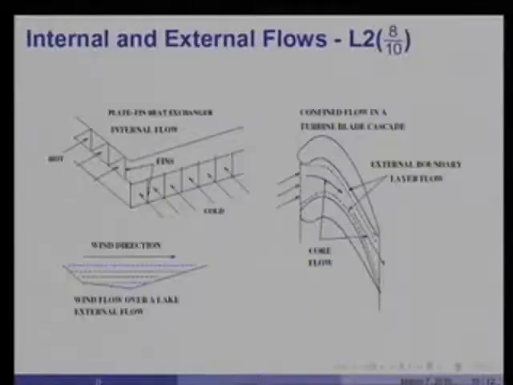Yet another classification is internal flow and external flow. I said we are interested in wall flows, but there are a variety of wall flows. Internal flows are those we call ducted flows. So for example, here is a case of a plate-fin heat exchanger.